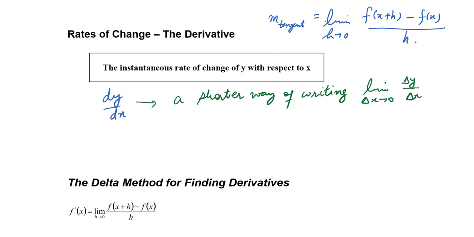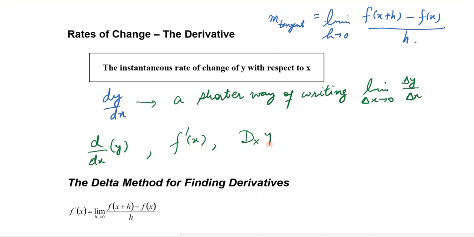There are other ways of representing the derivative. So instantaneous slope, or slope of tangent at a point, slope at a single point, slope of tangent line. So there are different ways we call the derivatives. And the different notations are d over dx of y, or f prime x, or dy/dx, or y prime.